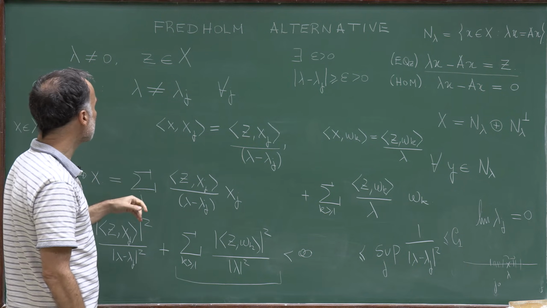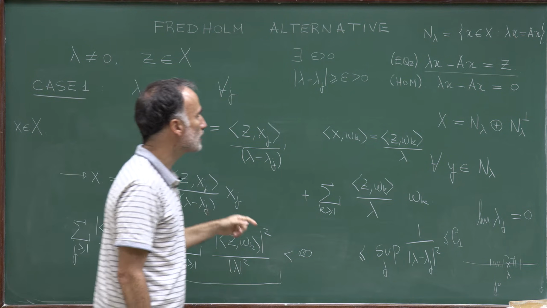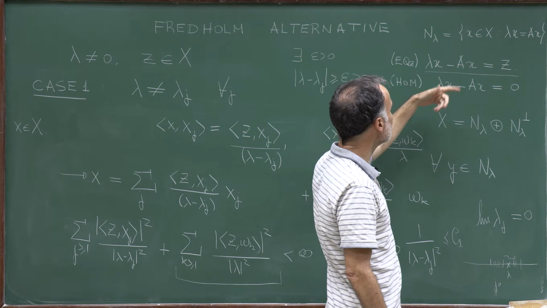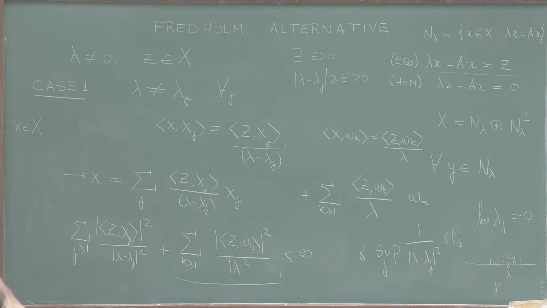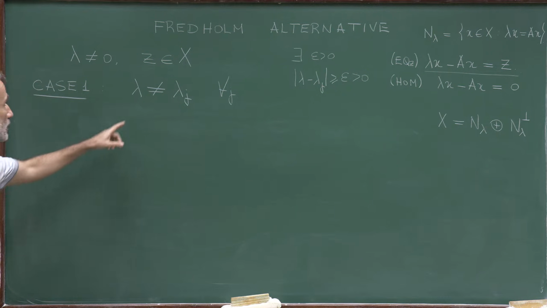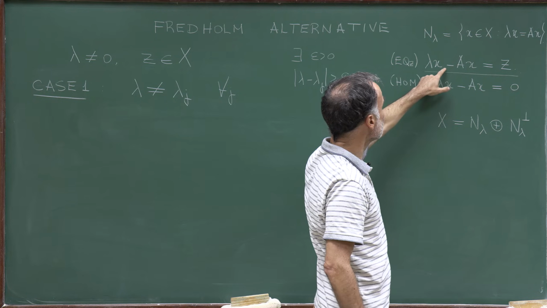So we proved that in the case λ different from λ_j for all j, this equation has a unique solution.